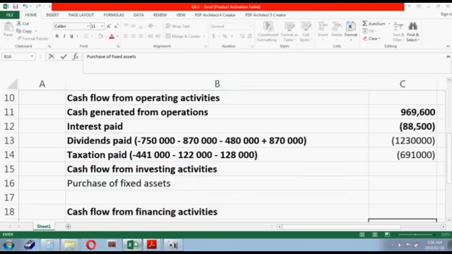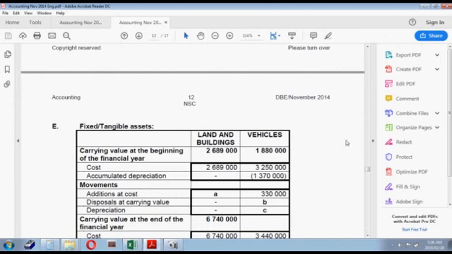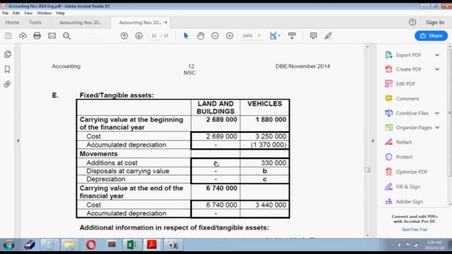So let's go and consult that fixed tangible assets note again. So we did calculate already our additions at cost for land and buildings in A. So we can take the additions of A, we can add the 330,000 worth of vehicles that we purchased, and we know all of this will result in an outflow of cash.